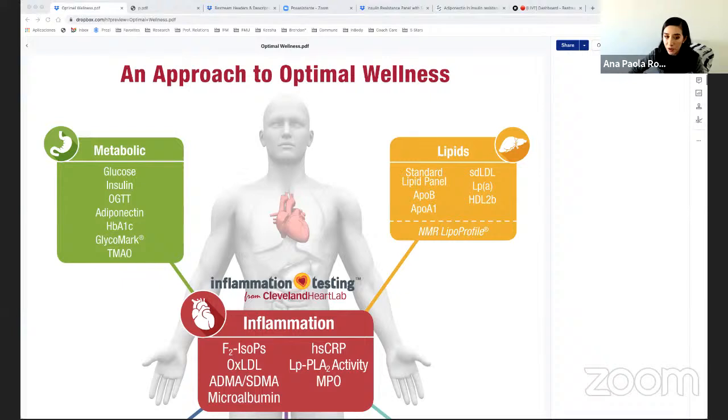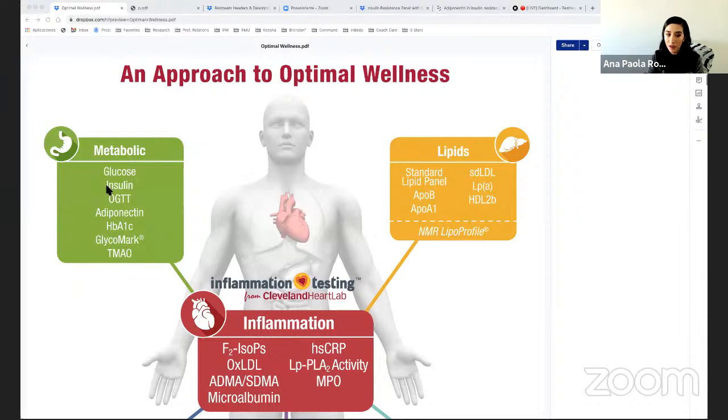So this is very important because it seems to act as an anti-inflammatory, and it can act on insulin sensitivity. So this is one of the first markers that I would like to address.